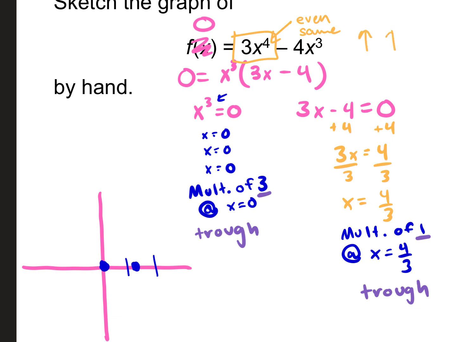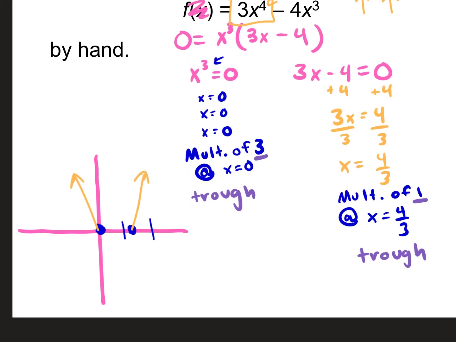Up and up because it's positive. So out of my point farthest to the right, I'm going to go up. Out of my point farthest to the left, I go up. And then at both of these points, I go through the x-axis. So my graph looks something like this. This is a rough estimate. I think the exact graph does something funky like over here, but looks similar to this.